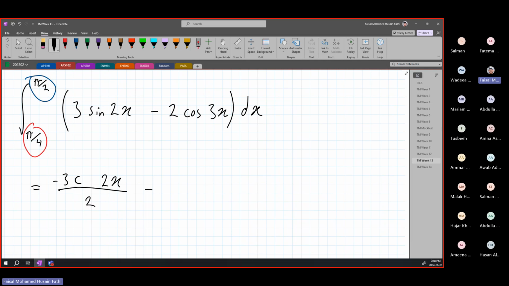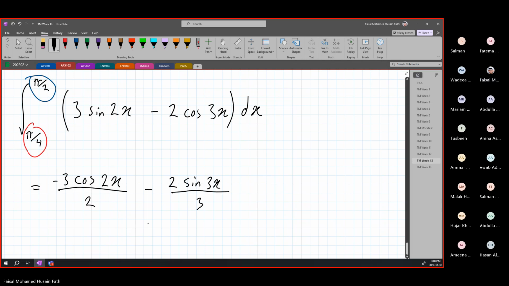So minus 3 cosine 2x. Then the integration of sine is minus, so it's just going to put minus, and we know we're dividing by the 2. Minus 2 sine 3x over 3. And this entire thing, you could say, is your bracket from pi over 4 to pi over 2. You can do that. That is correct.